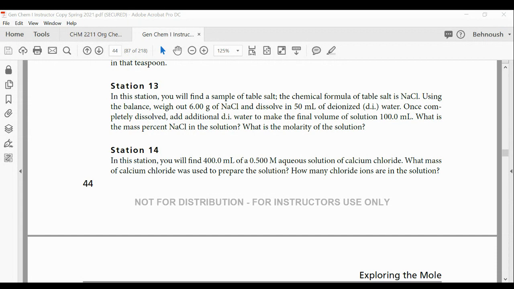So mass of calcium chloride, CaCl2, would be moles times 111 gram per 1 mole calcium chloride.